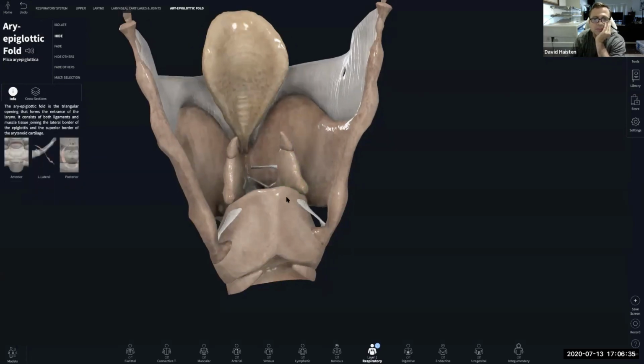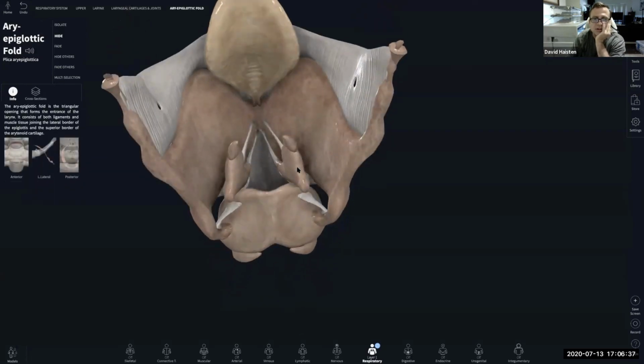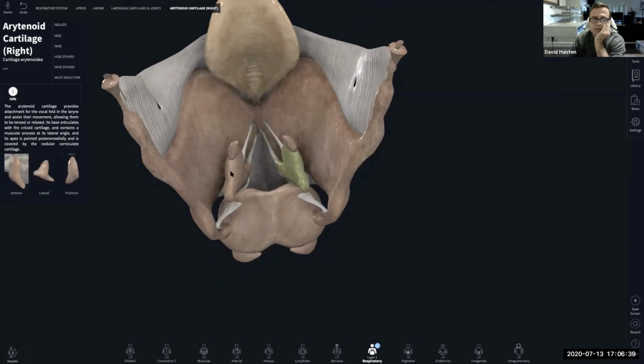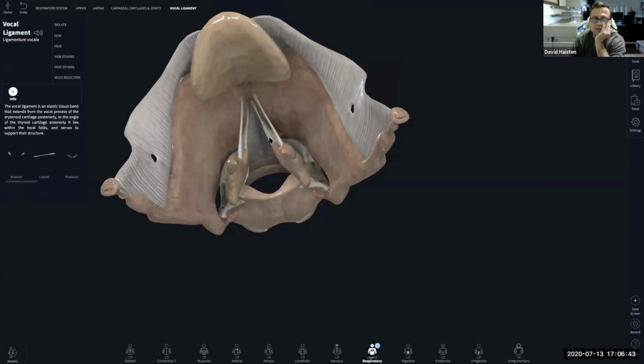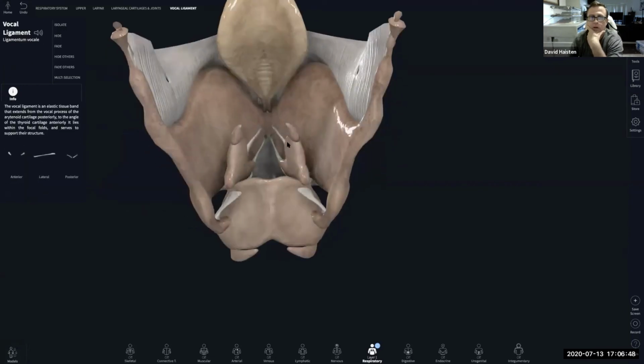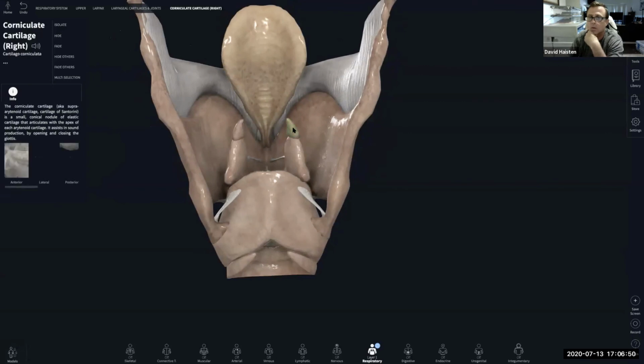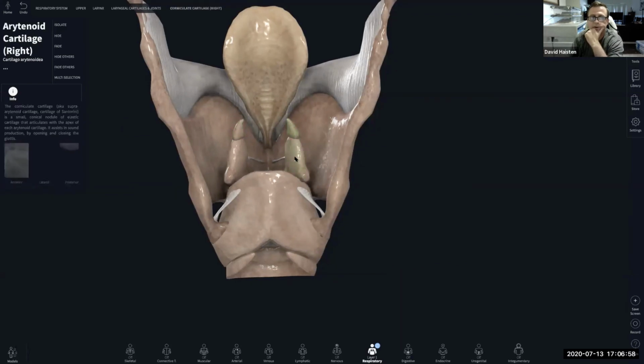Here's the arytenoid cartilage. And the arytenoid cartilage is attached to your vocal folds. And the corniculate cartilage is the little horn right there. That's the corniculate cartilage. Okay.